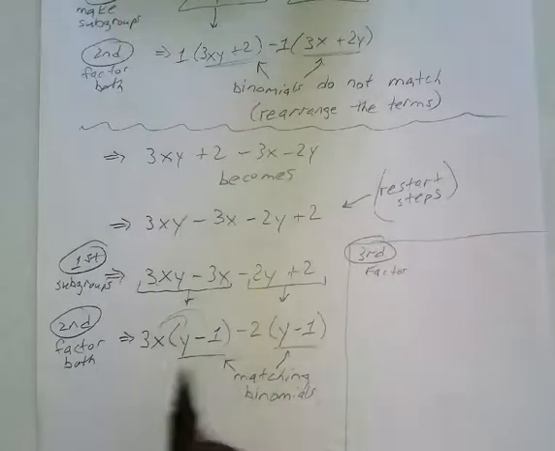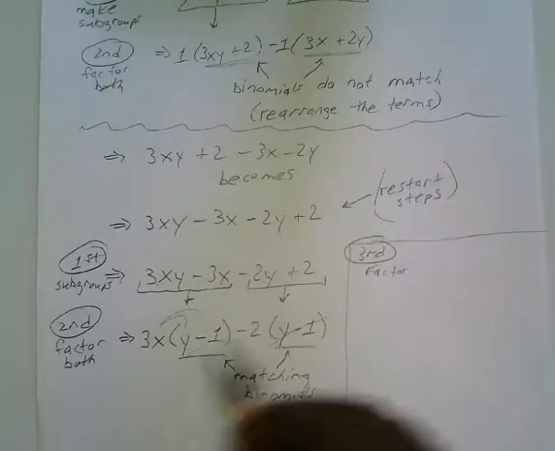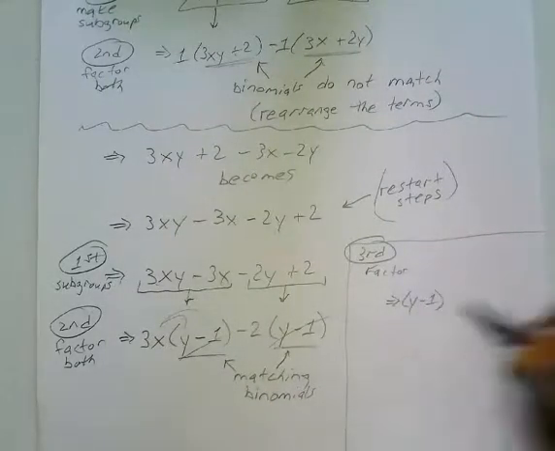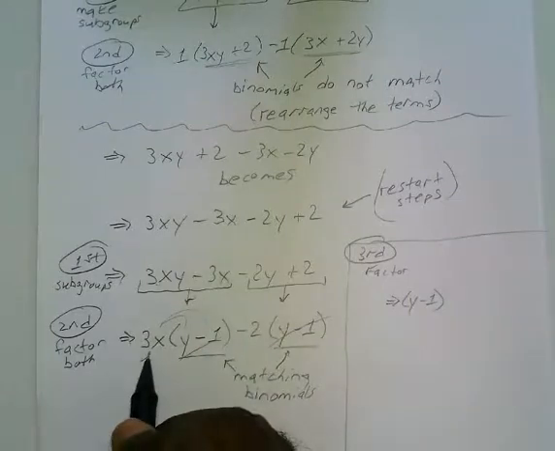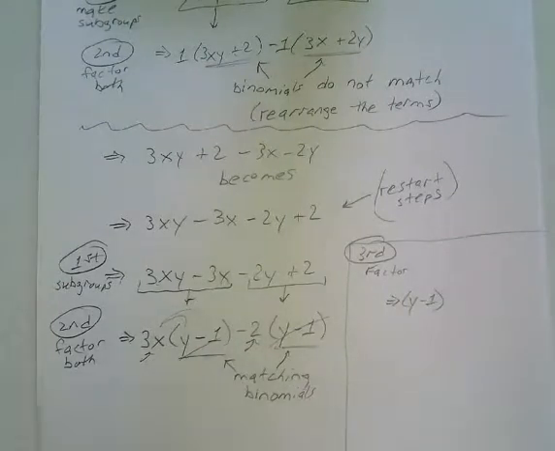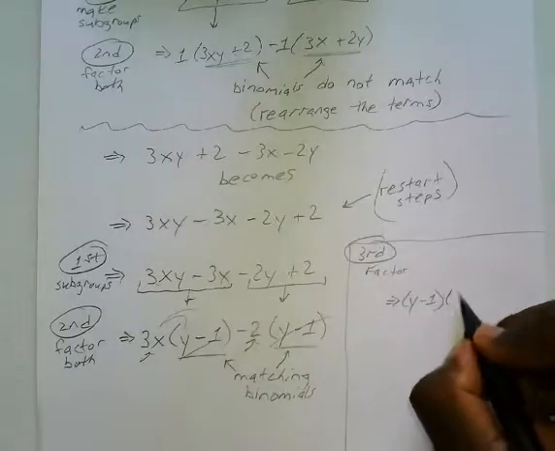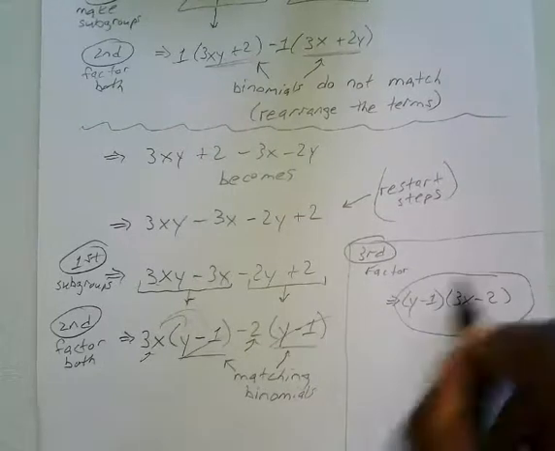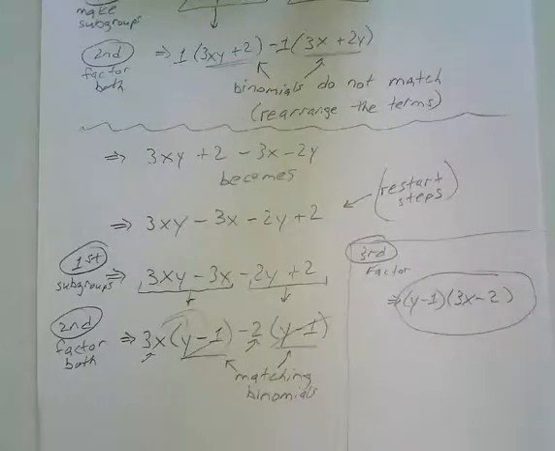So you have y minus 1 and y minus 1. You can go ahead and cross that out. And whatever's left goes into the next binomial. So you have 3x minus 2, and that is your final answer.